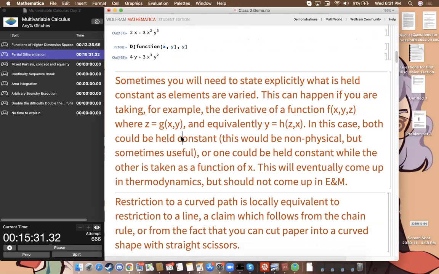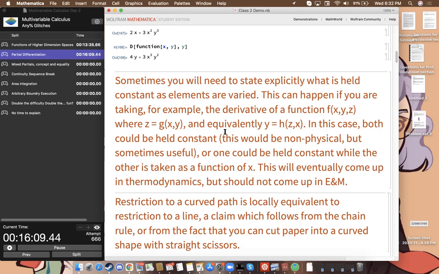What I mean is sometimes x, y, and z are all interdependent. So you can choose to hold one variable constant, but not both variables constant in practice. Or you could say, even though it's non-physical, even though it doesn't make sense, we'll hold both variables constant when we're taking this partial derivative, just to see what happens. And this is a big deal in statistical mechanics. It won't be necessary in E and M. In E and M, all of your input variables are going to be nice and properly differentiated.